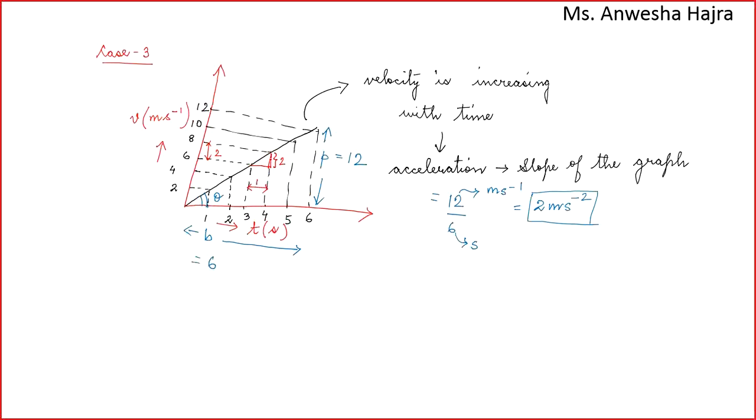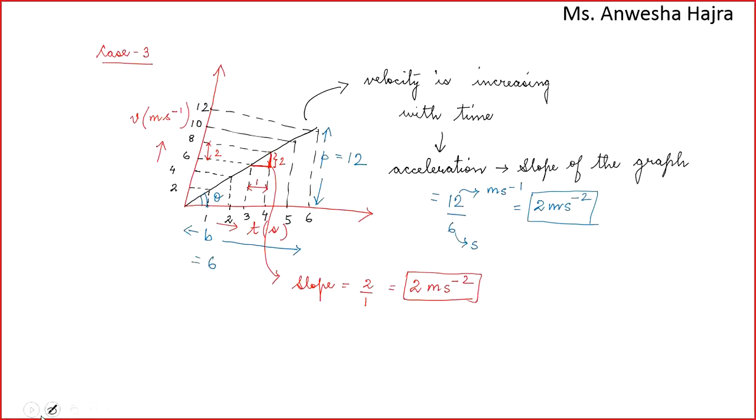So perpendicular is 2 and base is 1. So for this small triangle, the slope is 2 by 1. So acceleration will remain the same. For a straight line graph, the slope does not change.